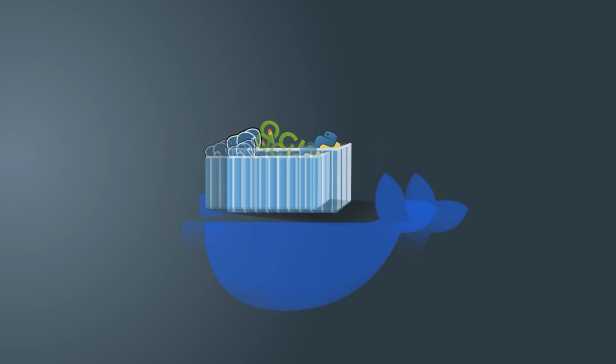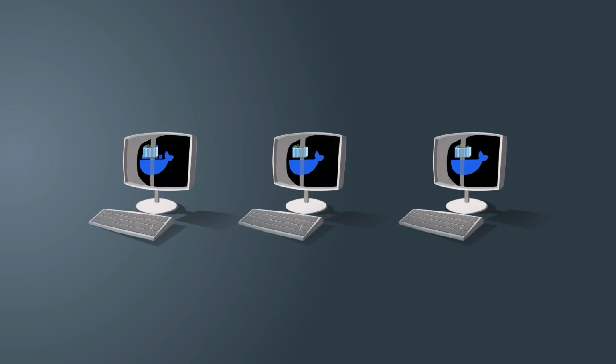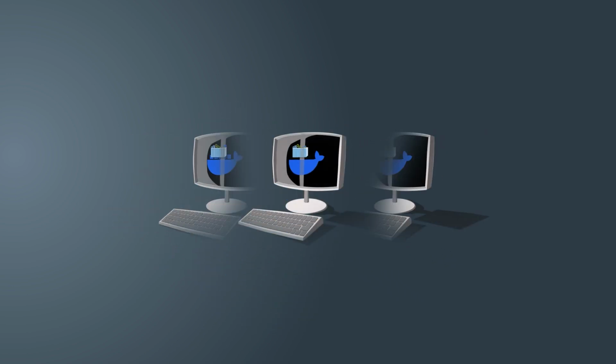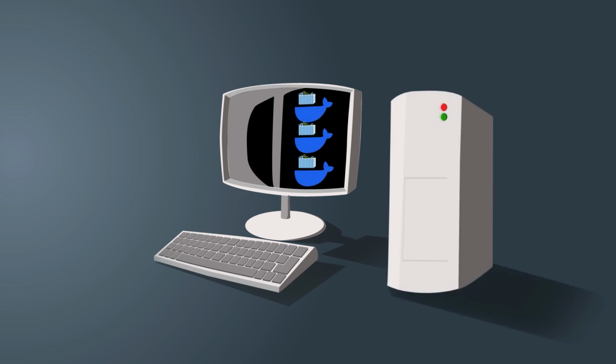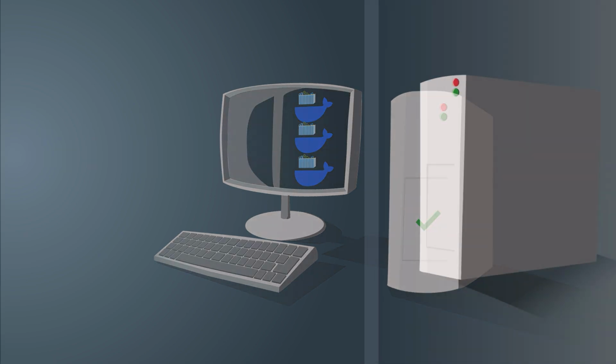These application packages can be easily shared, and running multiple such containers simultaneously on a system is not a problem. And Docker is now available on all major operating systems, making the containers operable regardless of the operating system.